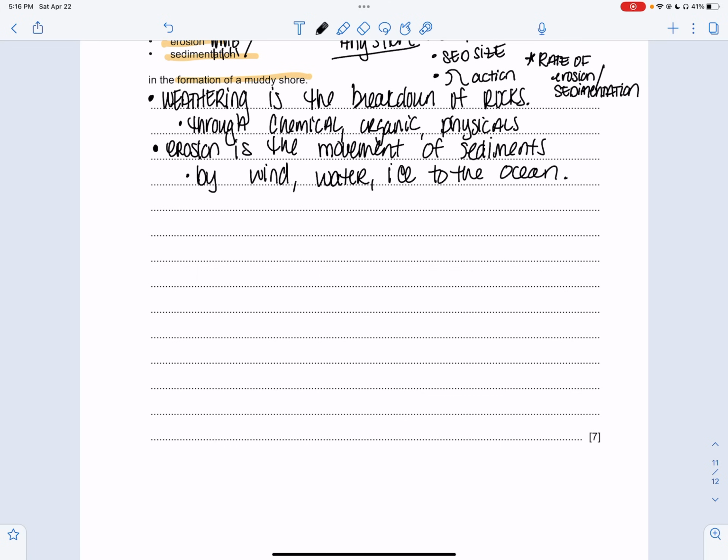I don't write the mark schemes. My thought is gravity isn't on here because gravity wouldn't be influencing a muddy shore. Nothing's going to be falling into the muddy shore because a muddy shore's already flat. There's really nothing above it. Like the low country in South Carolina, like Murrells Inlet, flat. The entirety of Florida, flat.